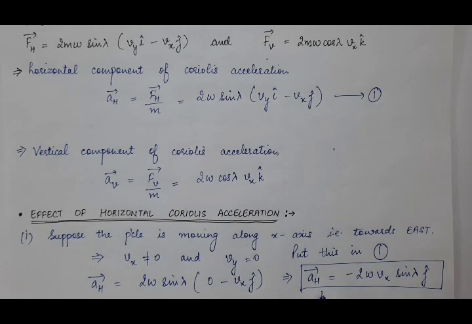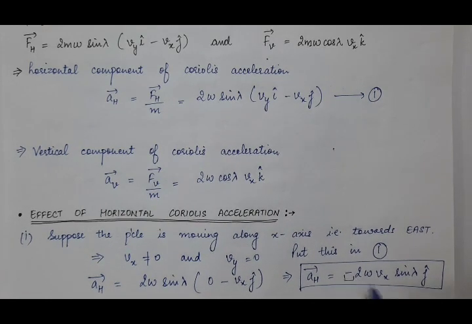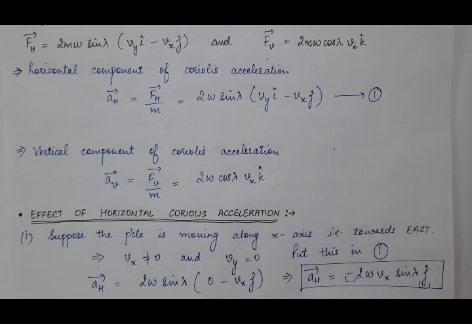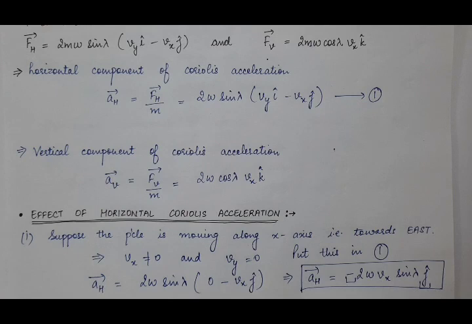This means the horizontal component of Coriolis force will act along j cap, the y-axis, and the negative sign means the negative y-axis. So if the particle is moving along the x-axis, it will experience the horizontal component of Coriolis force towards the negative y-axis.